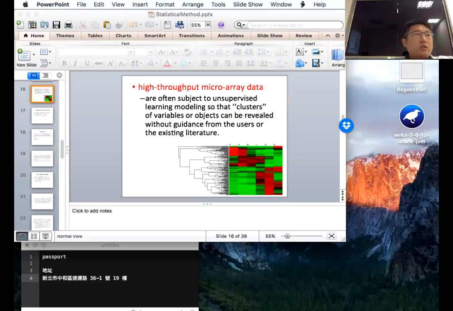The scoring system means you already have the existing knowledge of how to score. I have to prove the classification first, because you don't know how to classify them.